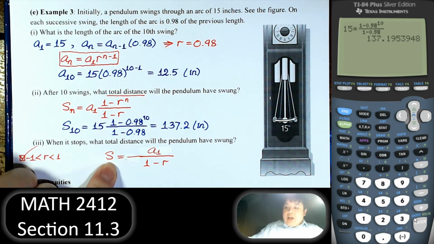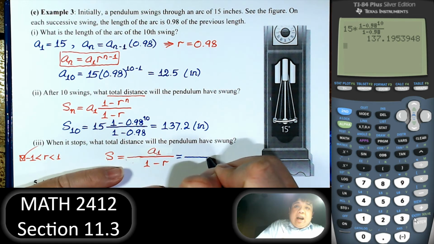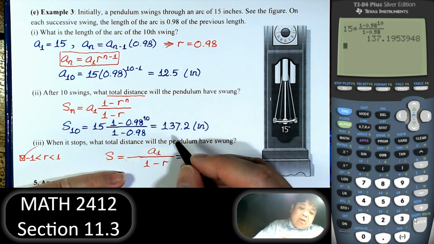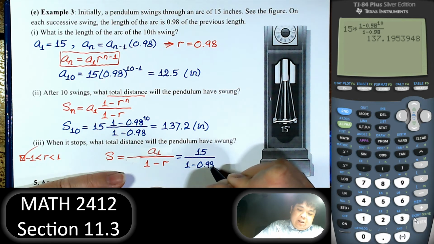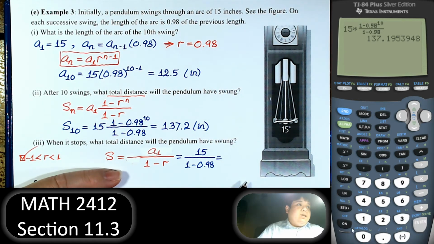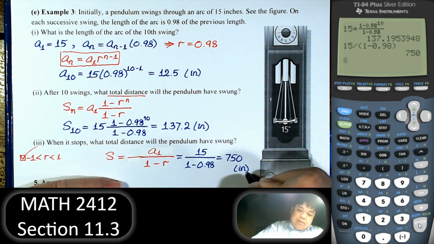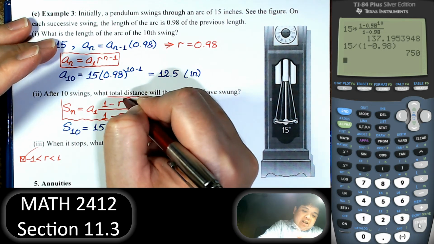So the sum of the infinite geometric sequence, a1 is 15, over 1 minus 0.98. 15 divided by 1 minus 0.98, and we have 750 inches. Right, so that's pretty much all three formulas we have in this section.